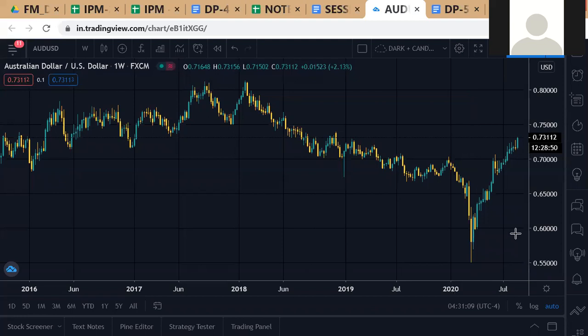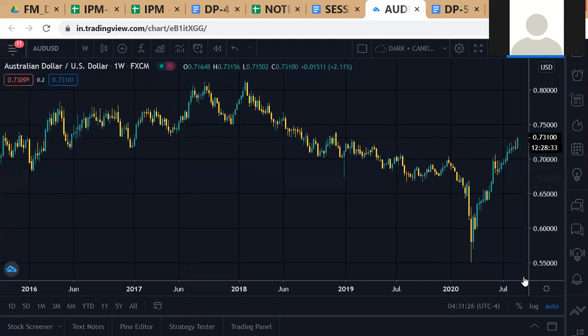Here it was 55, then 60 cents, and 75. Now it's getting towards 75 cents. At one point it used to be almost 80 cents, in January of 2018. Then it fell all the way here. Now if I say the Australian dollar is overvalued, we just call it Aussie.